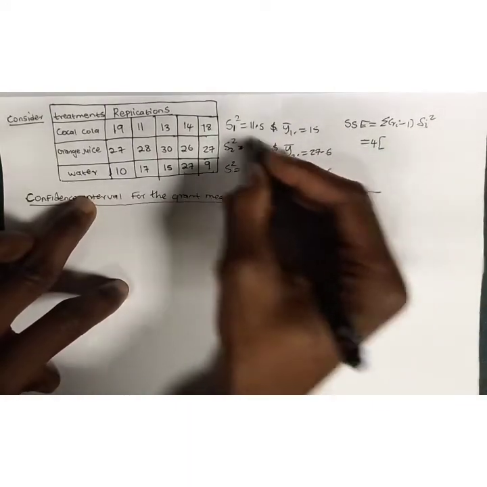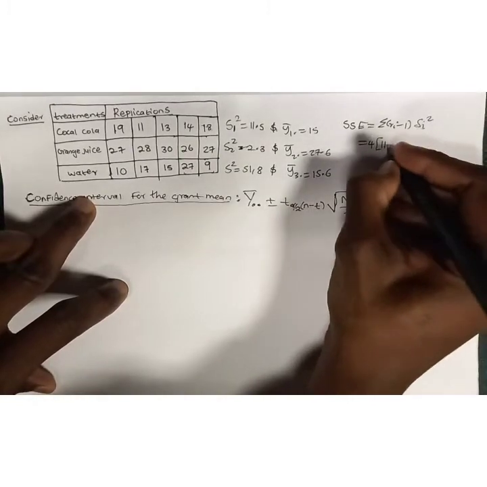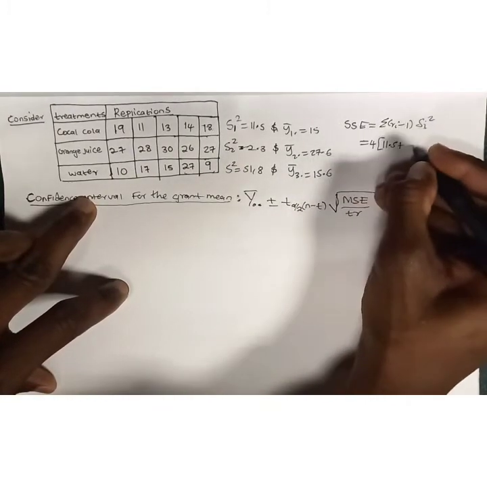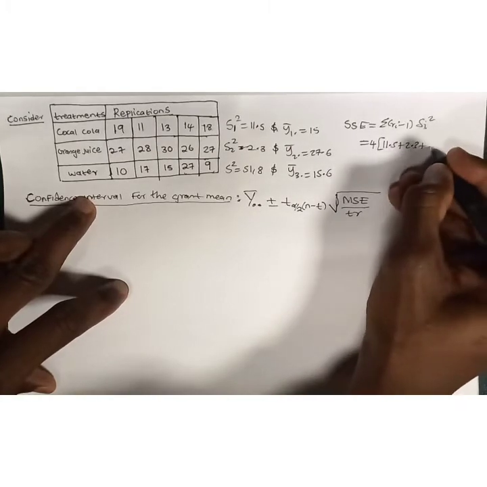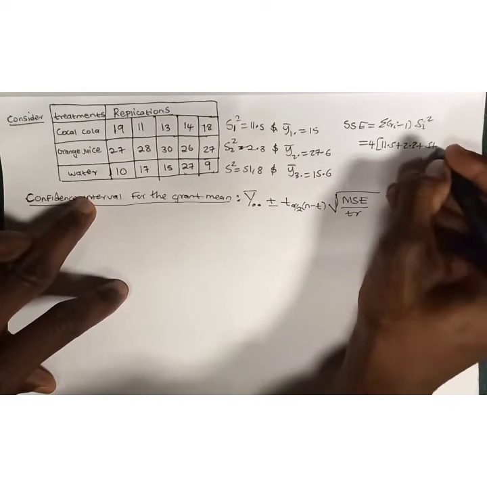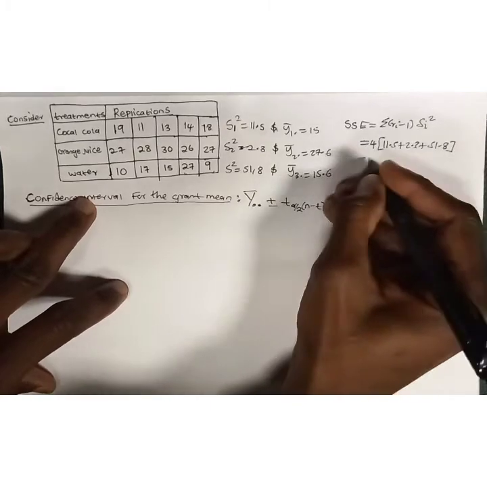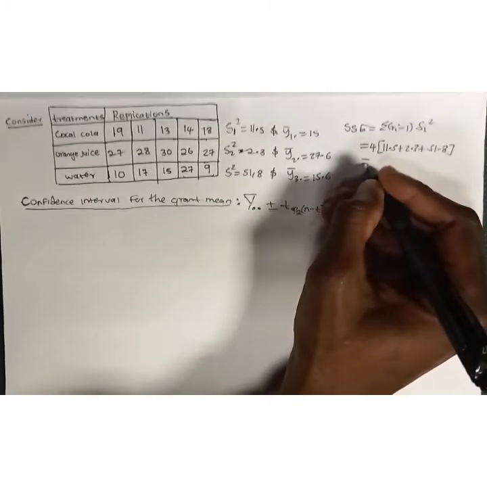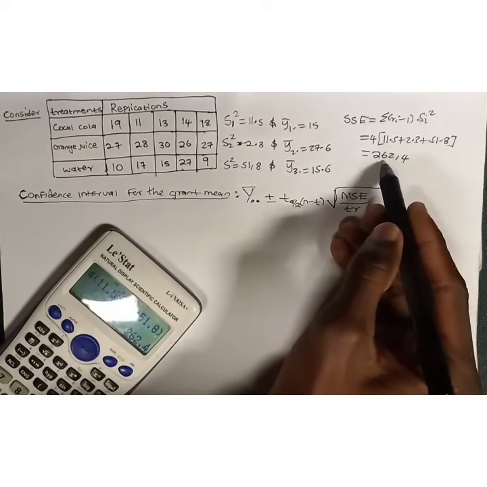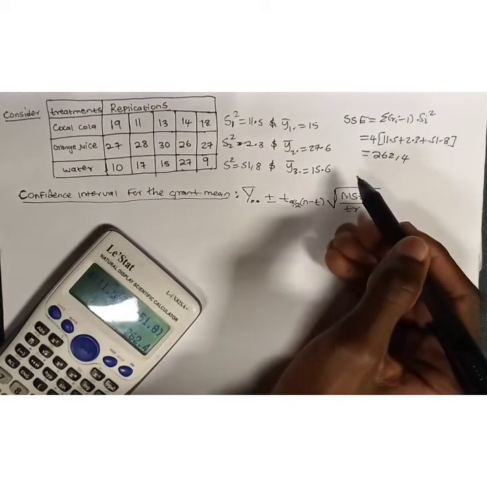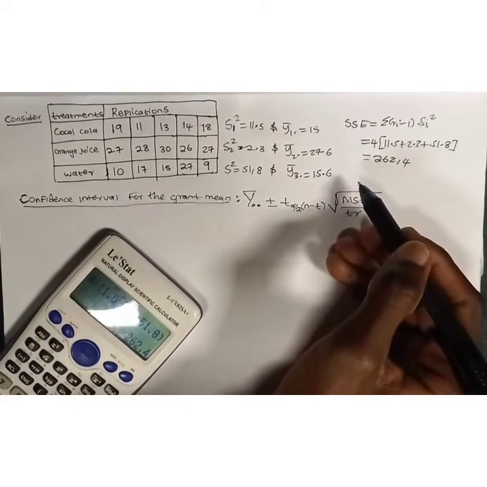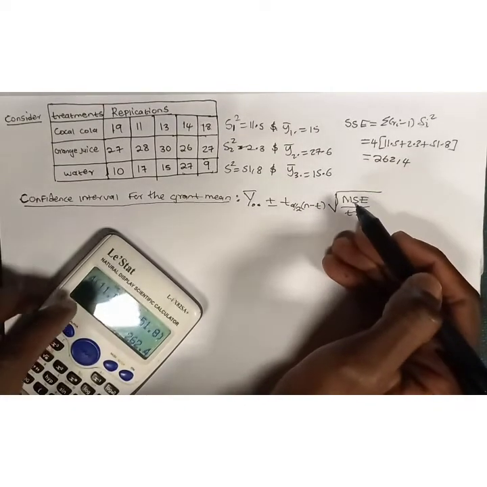So it's 4 multiplied by 11.5 plus 2.3 plus 51.8. So my SSE is 262.4.